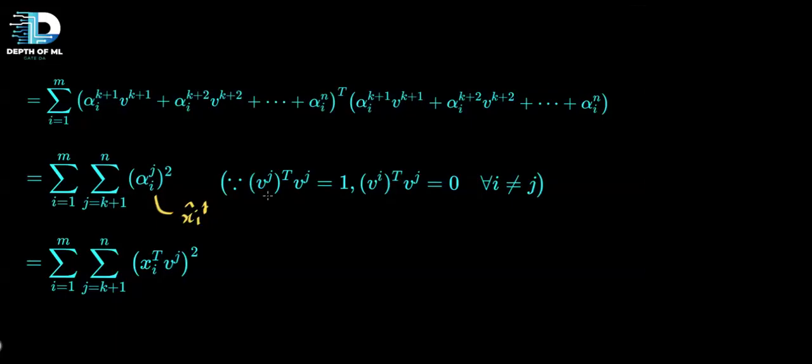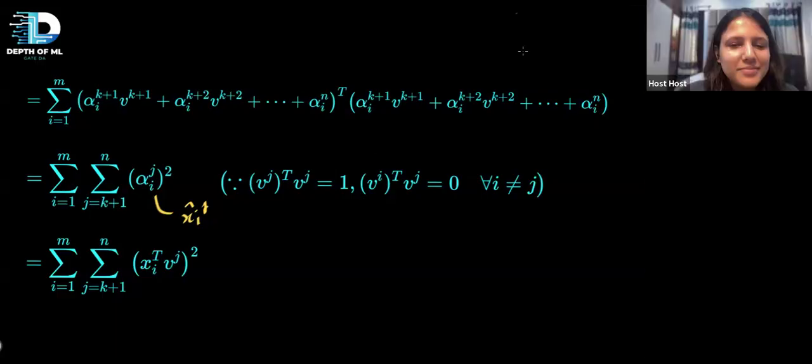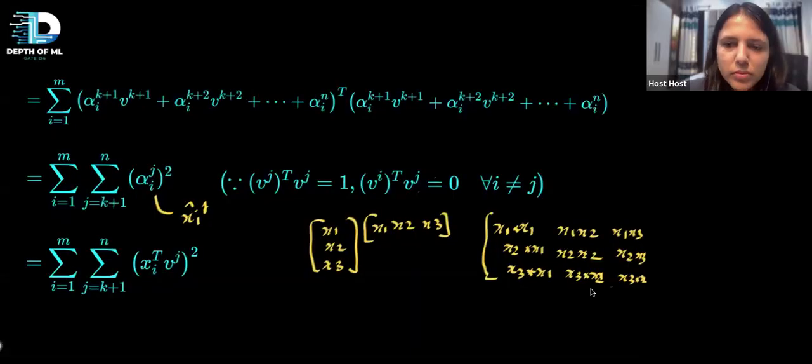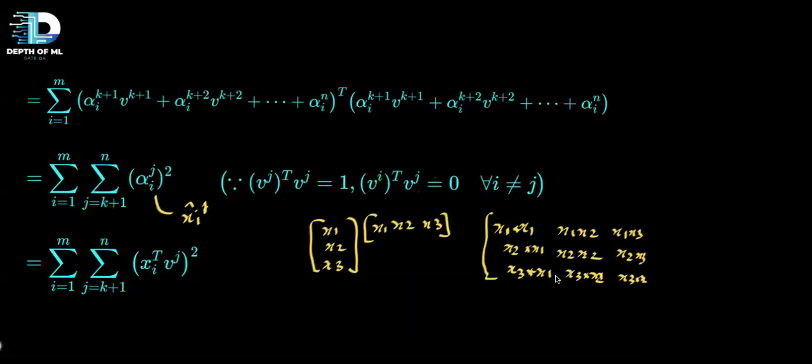Ma'am, your video is frozen. Let me see. Is it better now? When you are multiplying it, bj transpose bj would be basically, that wouldn't be 1.